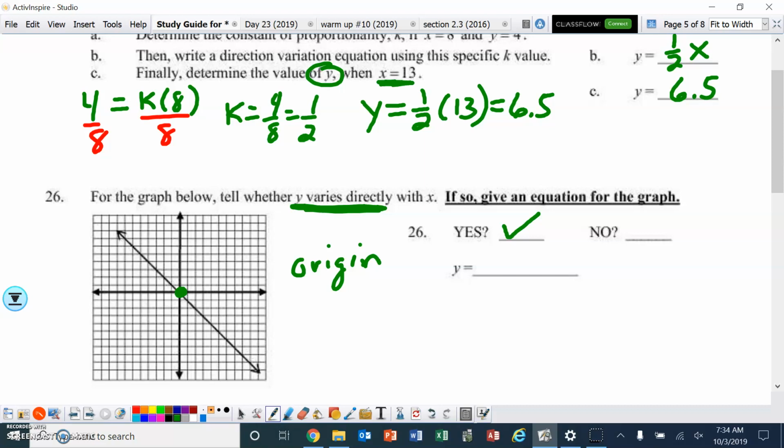What is the equation? Well, if I figure out the slope, it looks like it's going down 1 over 1, down 1 over 1. So it looks like the slope is -1. So I could write y equals -1x, or just plain old y equals -x. That's it for section 2.5.